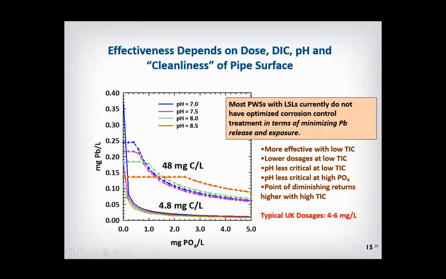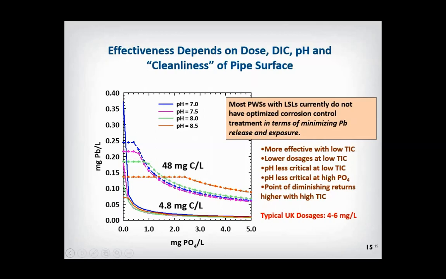Theoretically, and this we've shown for a long time, it's dependent on the pH and it's dependent on the carbonate level in the water. For instance, at a low carbonate system, about 5 milligrams per liter as carbonate, you can see the point of diminishing returns happen between about 1 and 2 milligrams per liter as PO4. But at a higher carbonate level, you really don't start seeing a distinct point of diminishing returns until 3 or 4 milligrams per liter as orthophosphate.